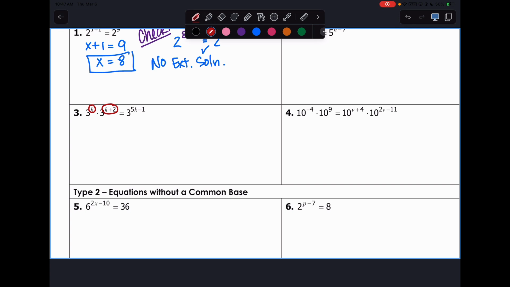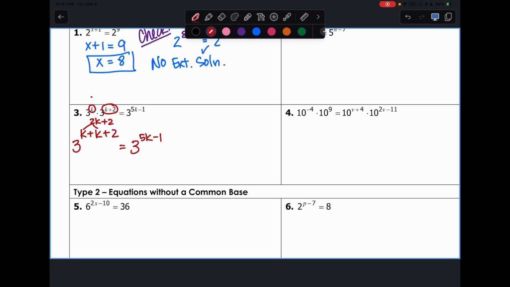Because you've been doing so much multiplication and exponents, I know it can be tricky. That's why I brought it up. If I add k plus 2 and keep the base 3, this is 2k plus 2. Does that make sense? Yeah? That equals 3 to the 5k minus 1.